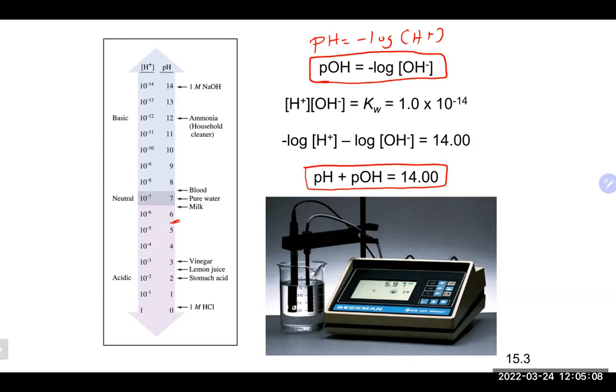A couple other important equations we're talking about here: if you are given the pH, you can get the H+ concentration directly from the pH, and you do that by taking the inverse log of the minus pH.